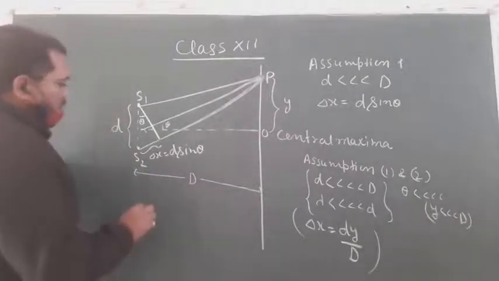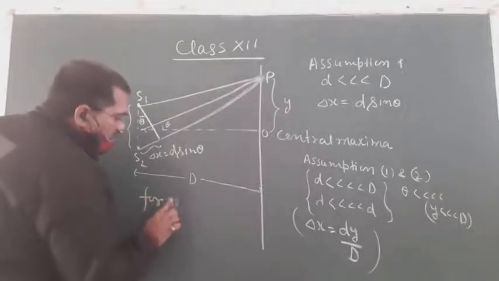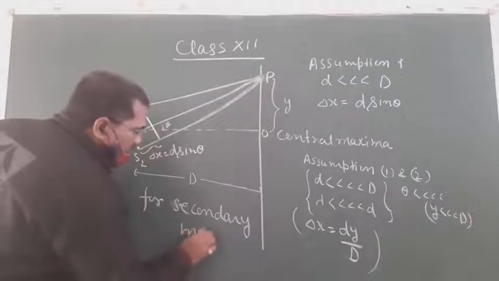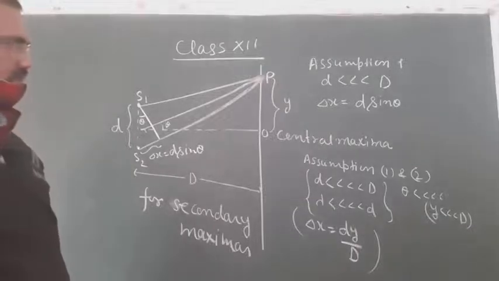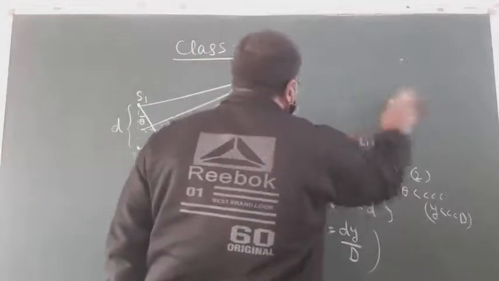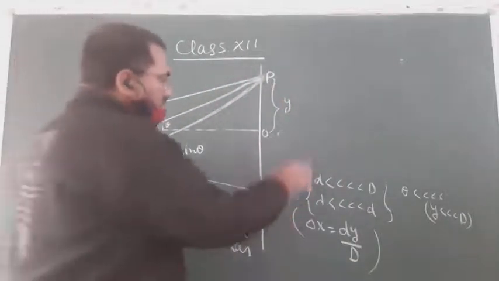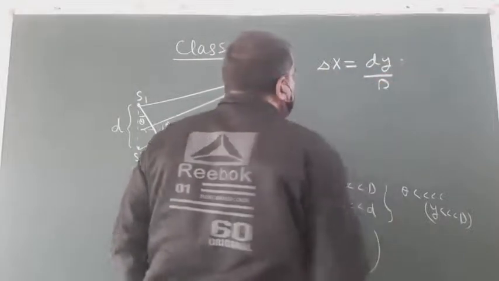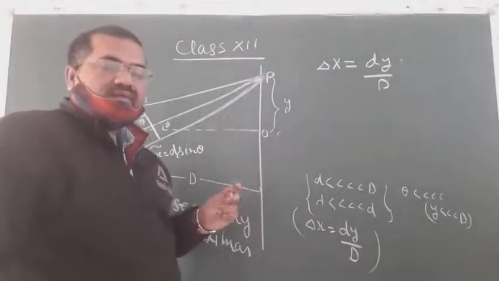Here, this is the main formula for path difference: delta x equal to dy by D. This formula comes when there are two assumptions.